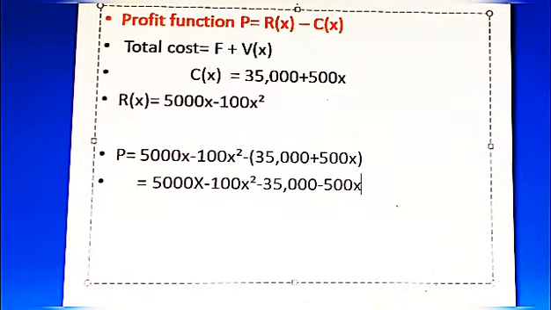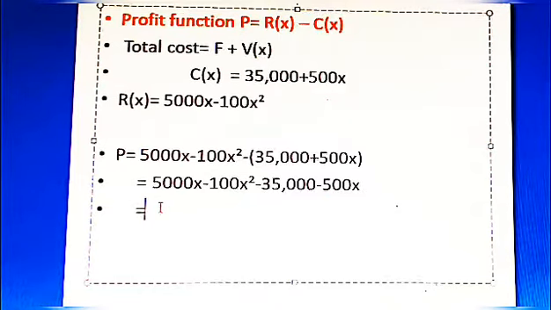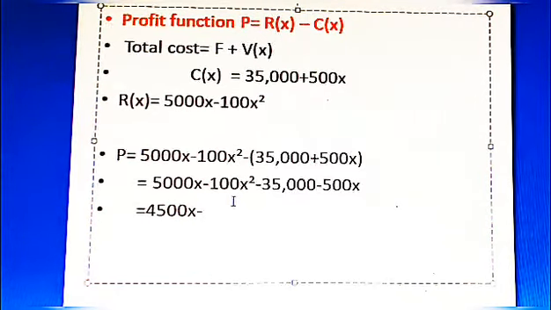Okay, so the like terms can be added, can be subtracted. So what are the like terms? 5000x minus 500x. Can we subtract these two? Yes, we can subtract. So 5000x minus 500, quickly tell me what is the value? You will get 4500x. Okay, minus, and you have 100x square.